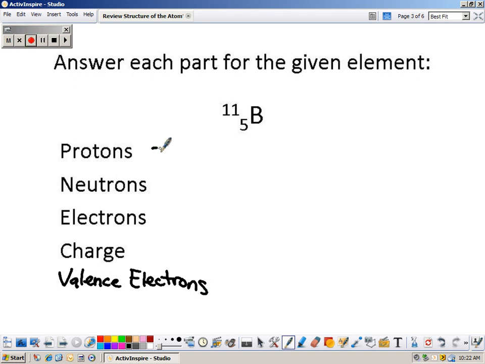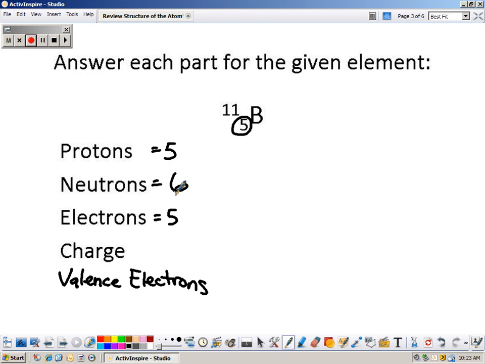It's the same as the atomic number. How many electrons do we have? 5. If there's no charge in the upper right-hand corner, then the protons and electrons should be the same because it's neutral. How many neutrons do we have? 6. You subtract the 5 from the 11, and that gives you the neutrons.